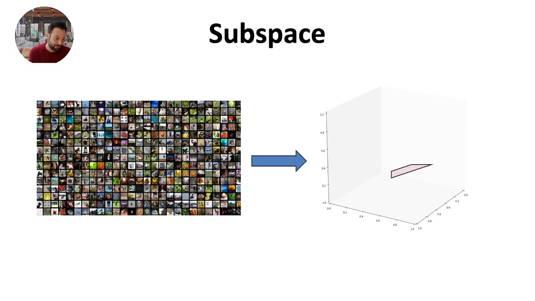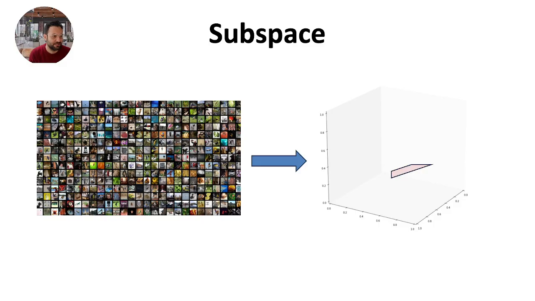So subspace is going to be important to describe data sets that live on an otherwise bigger vector space. For example, you see this image data set.